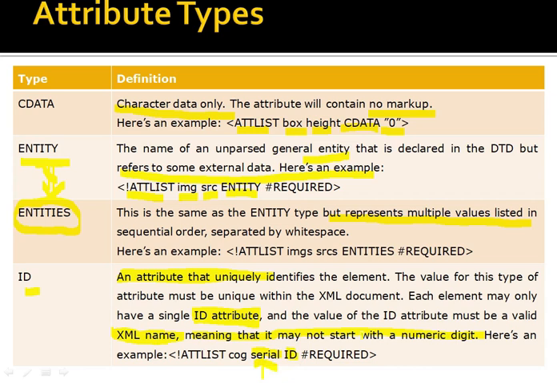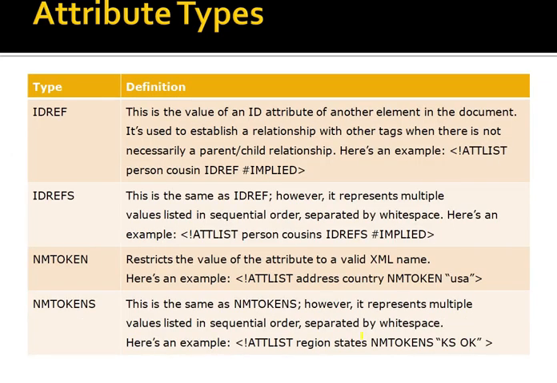Then IDREF. This is a value of an ID attribute of another element in the document. It is used to establish a relationship with other tags when there is not necessarily a parent-child relationship. So like this, you can create ID references.